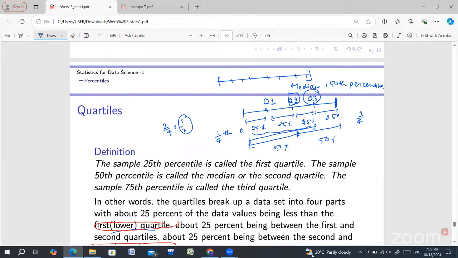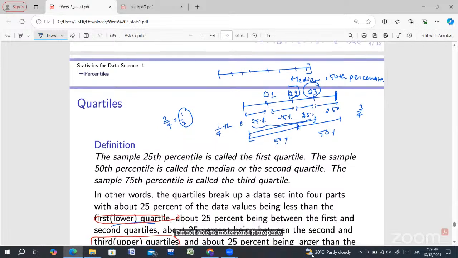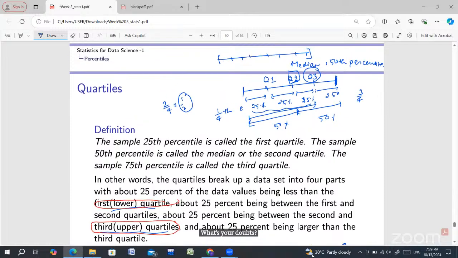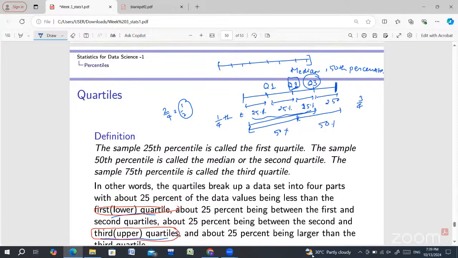Is it clear? Ma'am, I'm not able to understand it properly. What's your doubt? Ma'am, basically, we are dividing this line into three parts. The parts are four, not three. The points are 3 points. That is where I am also confused.